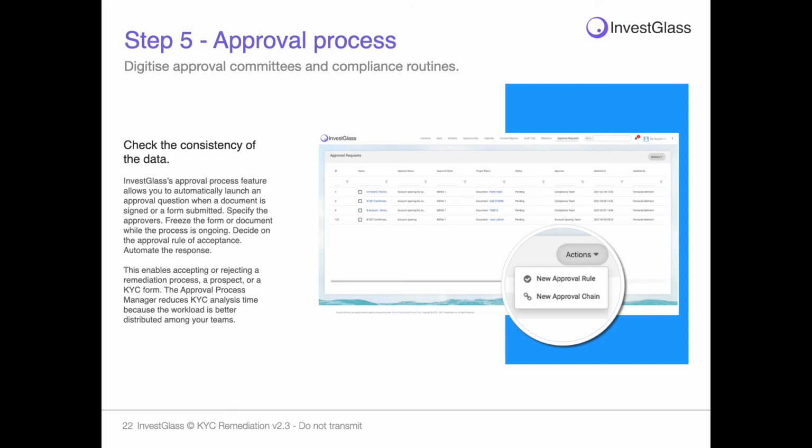For that, you can leverage InvestGlass approval process, which will automatically be triggered if a form is submitted, if a form is signed, if there is some specific information, and then the head of the team, the chief of private banking, or the head of legal can accept, reject, or reassign an approval process to finish this KYC remediation process.